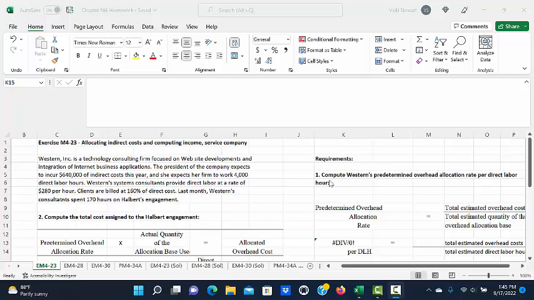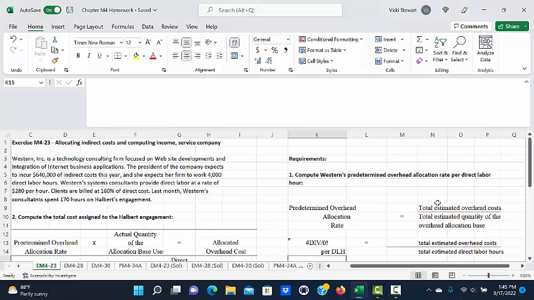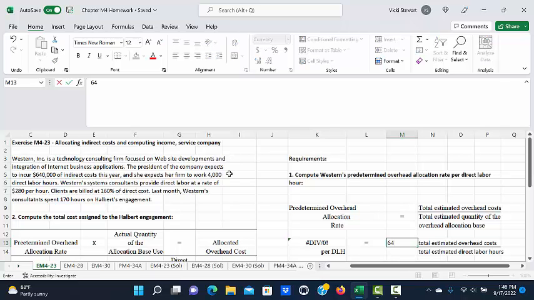In the requirements, it asks us in Part 1 to compute Western's predetermined overhead allocation rate per direct labor hour. So to determine the overhead rate, we take our total estimated overhead cost and we divide that by the total estimated quantity of the overhead allocation base. The problem told us that Western expected to incur $640,000 of indirect costs.